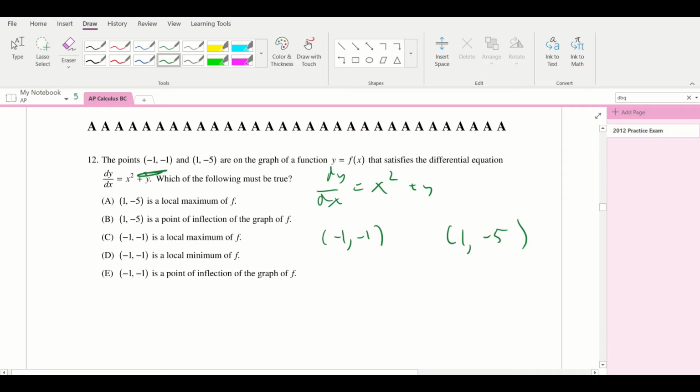So when x equals -1 and y equals -1, dy over dx equals 0. And when x equals 1 and y equals -5, dy over dx is -4.